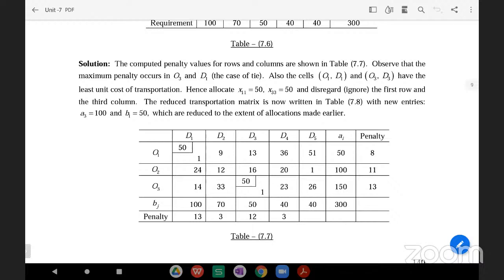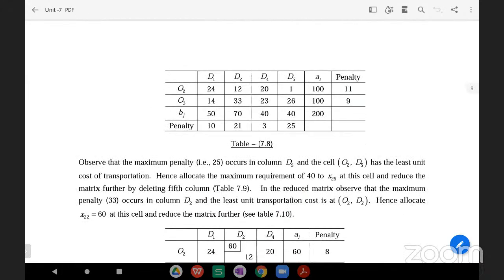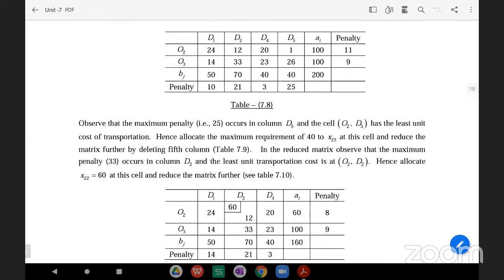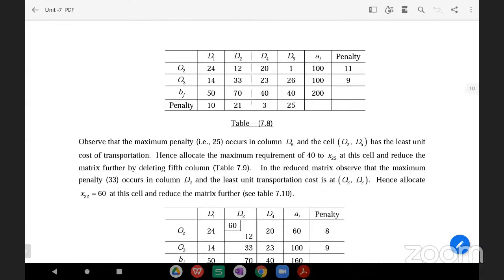That corresponding row or column we should allocate based on the supply and demand. That special condition is called the penalty. Penalties should be identified for each row and column. From the penalties, the highest one is selected. In that row or column, we allocate based on the supply and demand, and that respective cost is allocated. This is the overall idea we apply for the Vogel approximation method.